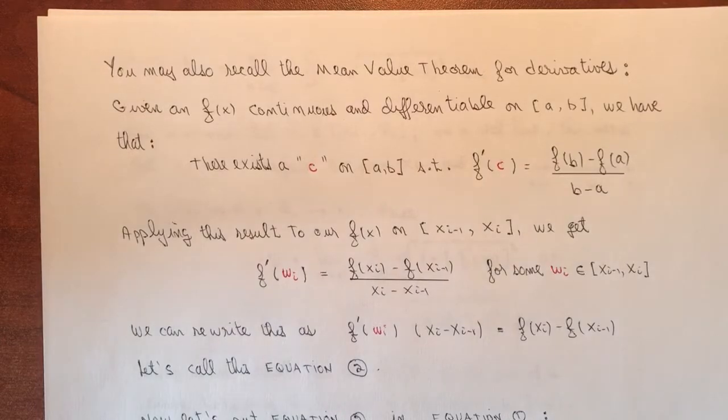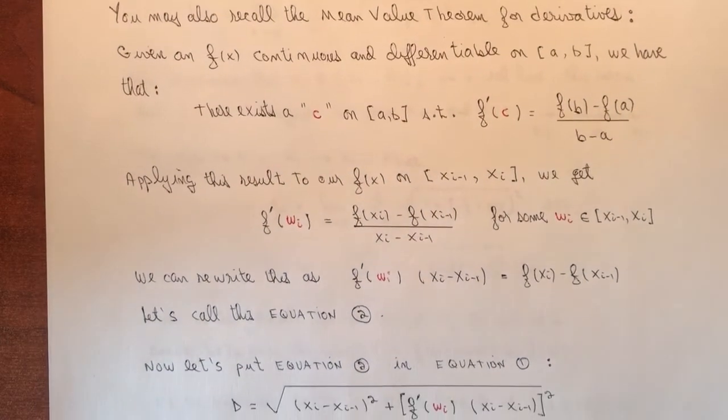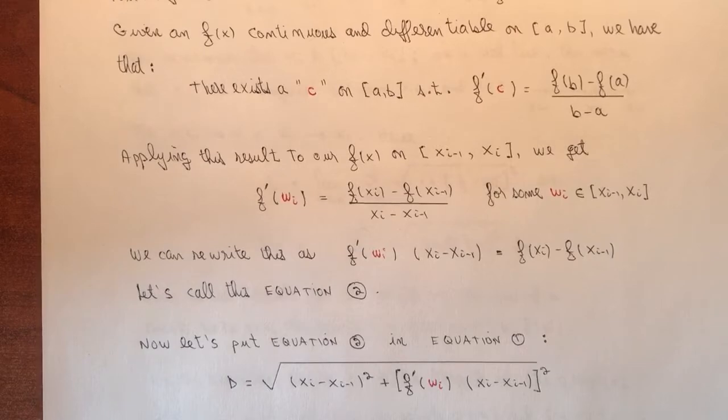So we're going to combine equation 2 and equation 1 by putting one inside the other. So the big D from my equation 1 is now equal to the square root of (xi minus xi minus 1) squared plus the square of f prime of wi times (xi minus xi minus 1).